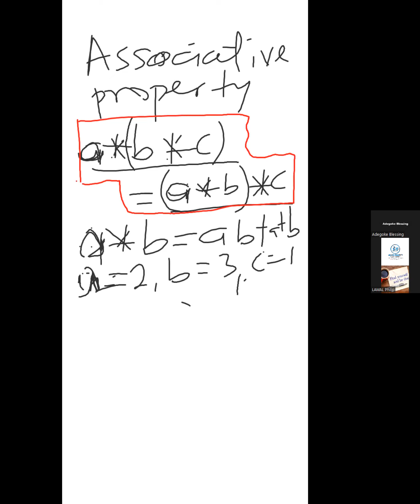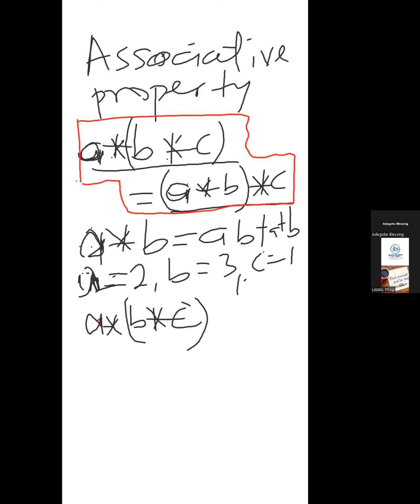So to now have A star B star C, and I need you to pay attention to something I'm going to be doing here. This A star B star C, the rule of operation in mathematics follows BODMAS.